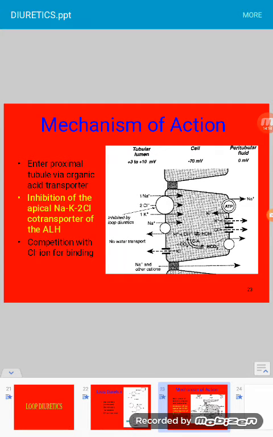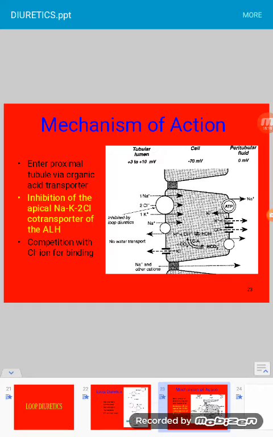Here the mechanism of action: it enters the proximal tubule via organic acid active transport. There it is freely filtered, and it enters the tubules by the active organic acid transporter mechanism. It inhibits the apical sodium potassium chloride co-transporter of the ascending loop of Henle.